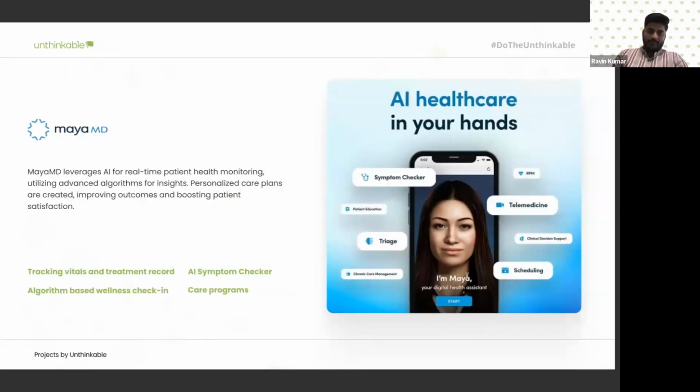My MD, again, a very huge client for us. They wanted to leverage AI capabilities, and they basically wanted to use AI insight at very extensive levels.